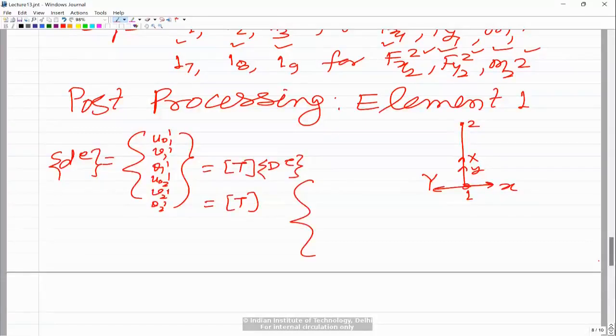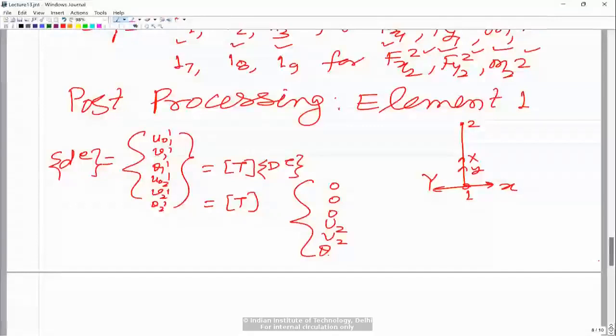And dE, when you look at the degrees of freedom for the first element in terms of the global coordinate system, the first 3 degrees of freedom are already 0, and then you will have u2, v2 and theta 2 in terms of the global degrees of freedom.